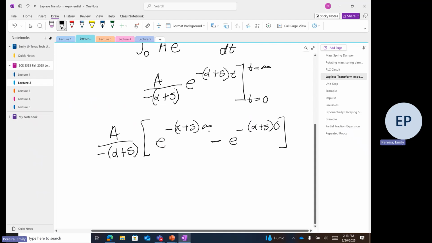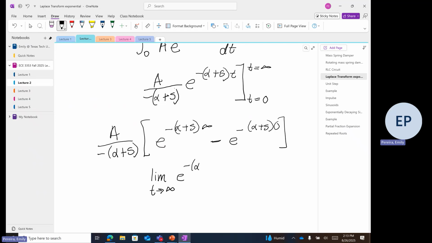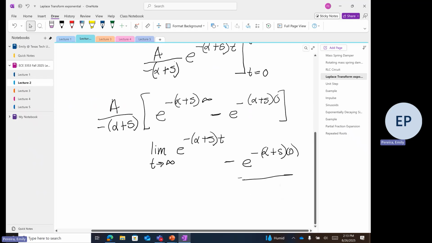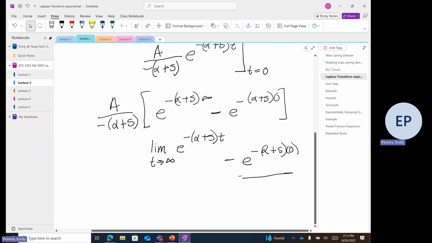Really we can't plug in this infinity, but we're going to take the limit as t goes to infinity of e to the negative alpha plus s times t, minus e to the negative alpha plus s times 0. Any exponential to the 0 power is 1, so this goes to 1.